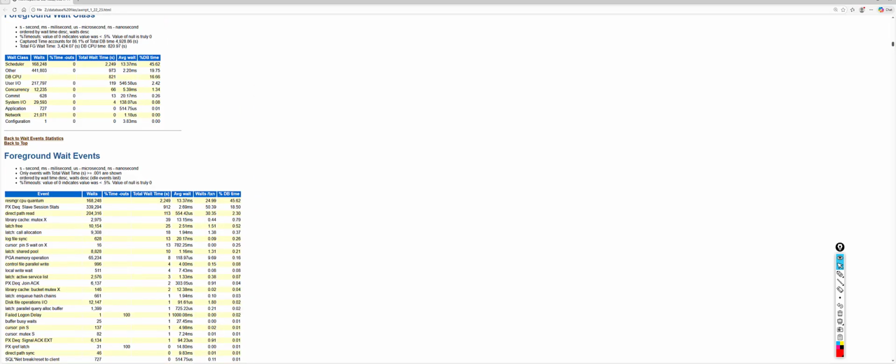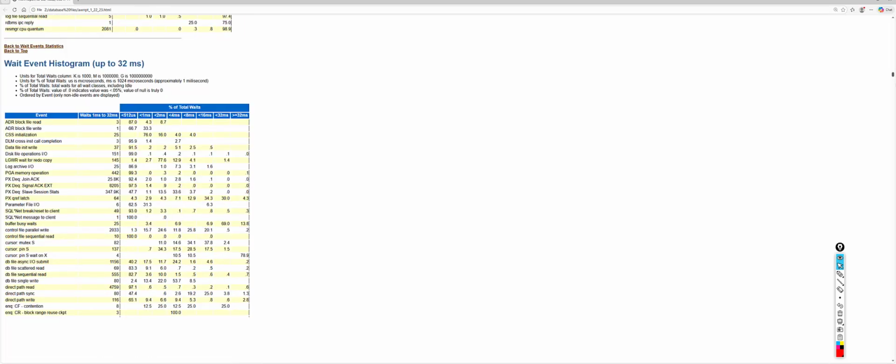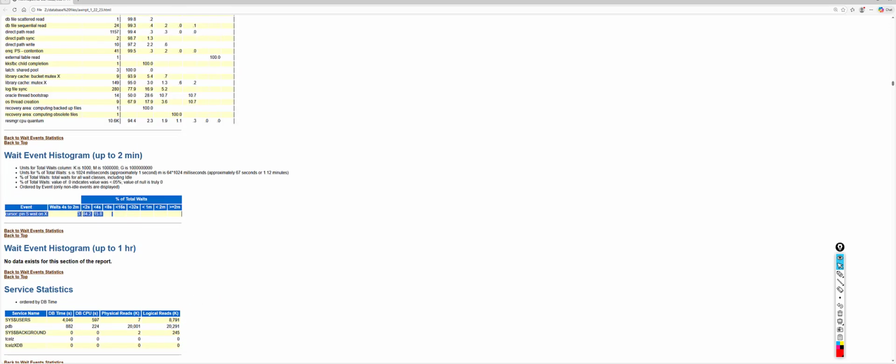You need to focus only on the top foreground events, not the histograms. That is the reason that when you look at each and every section, this may mislead your analysis. You may go in some other direction. So just take this as information and ignore it for now.